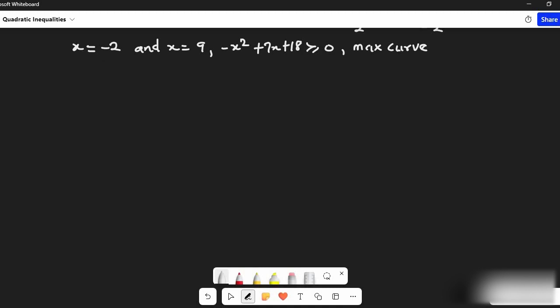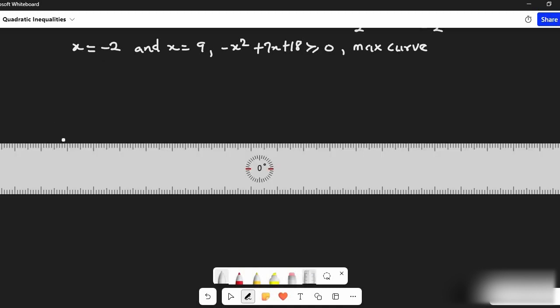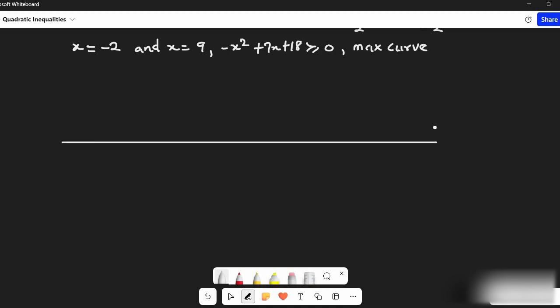So now we sketch the quadratic function on the x-axis. Since it's a maximum curve, it's going to go like this. Remember, this is just a sketch. So we have here to be minus 2, and say here is 9.